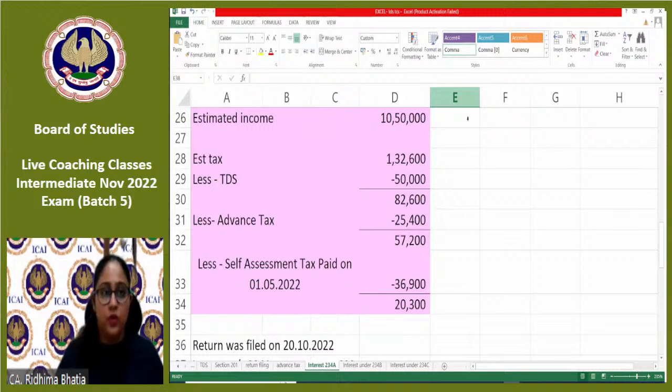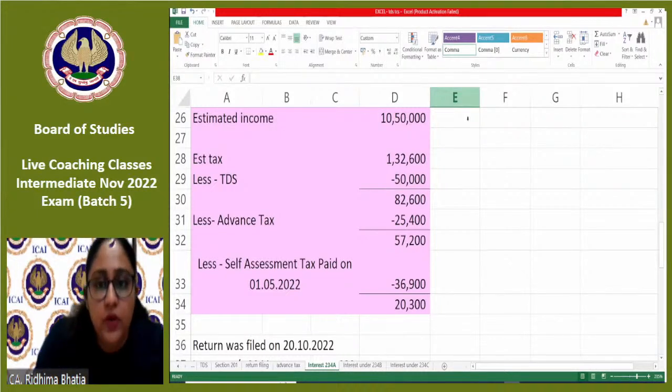Riddhi, I hope you got 1% per month or part of the month. We did the same in 234B and C also. In 234A also it would be the same, 1% per month, full month or part of the month. Even if it is one day of the month, full 1% would be calculated for the entire month. 234A is clear.